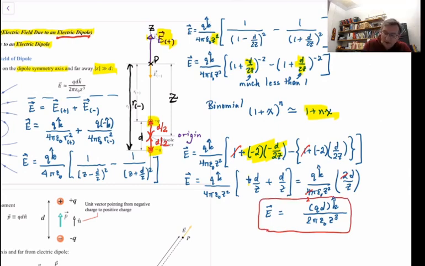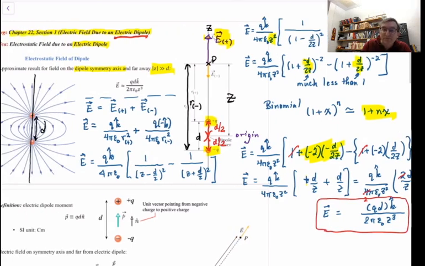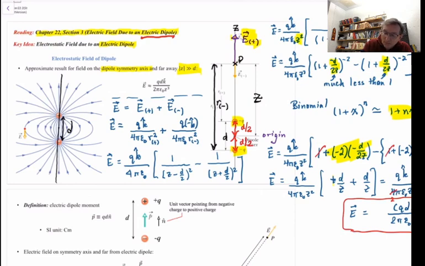And that's what I've got written right up here. Q times d times k hat over 2 pi epsilon 0 z cubed. Directed, as our picture shows over here, the net field is directed, because that's positive, in the plus z direction up there.